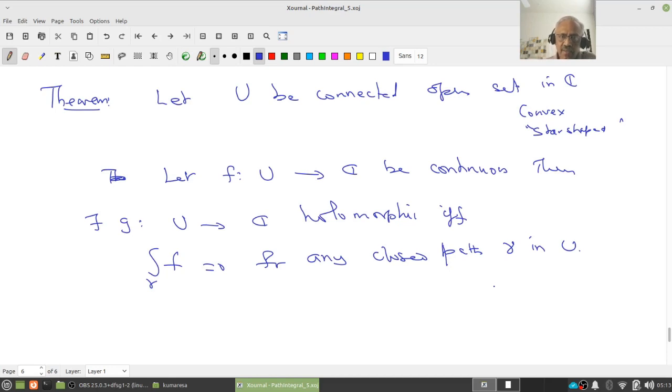Now the converse is given. Suppose I have a continuous function on all of U. Then I want to know whether it has a primitive on U. What does it mean? I am asking whether there is a function G so that G prime equals F on U. G must be holomorphic. The condition is that the path integral of F over any closed path is 0. If it is 0, then there exists such a G.